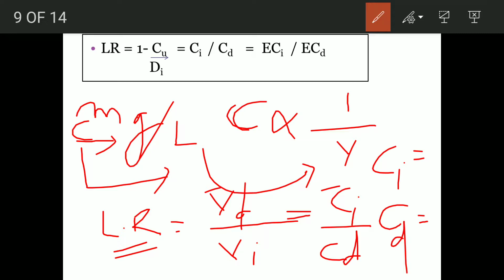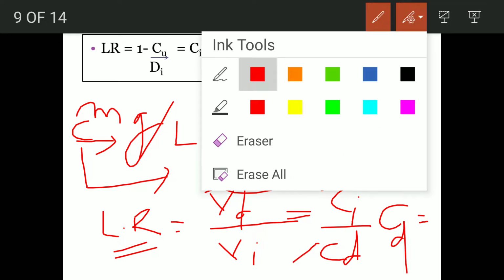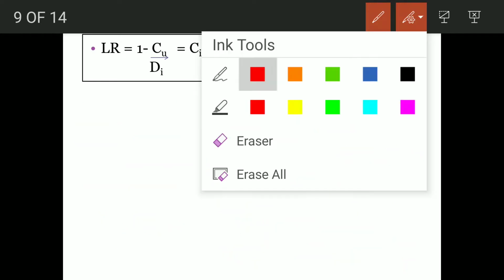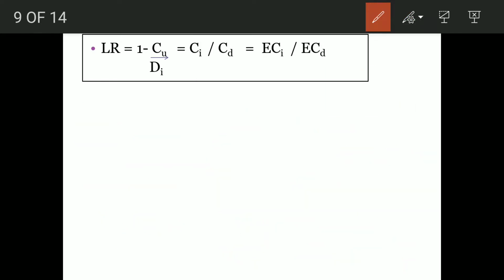CI represents the salt concentration in the irrigated water. CD represents the salt concentration in the drained water. And also one more thing. We know the salt concentration is mostly measured by the electrical conductivity of the water. So salt concentration is directly related to electrical conductivity.